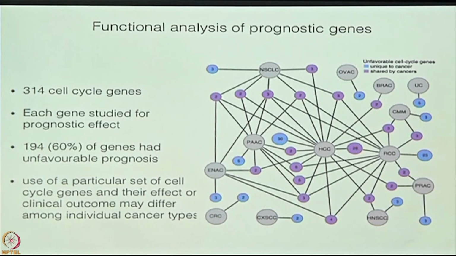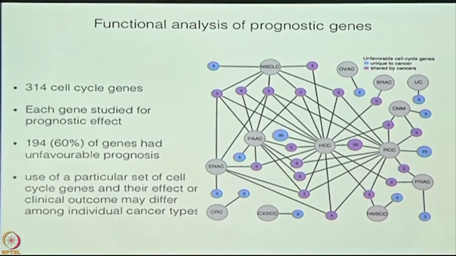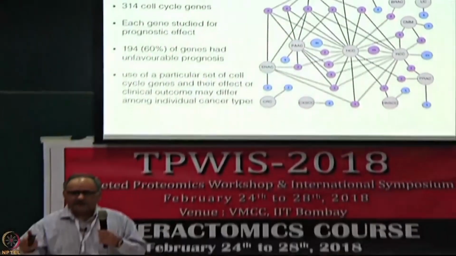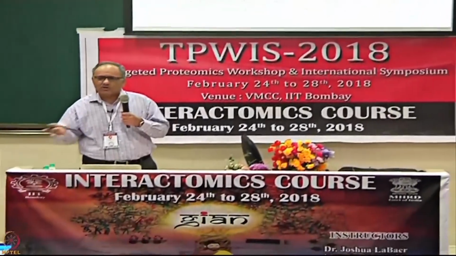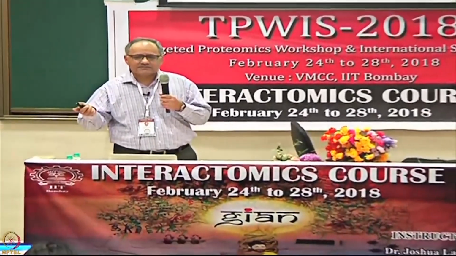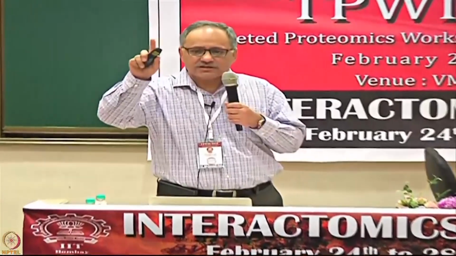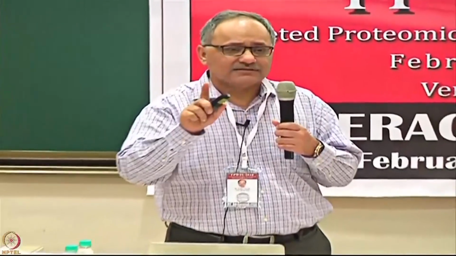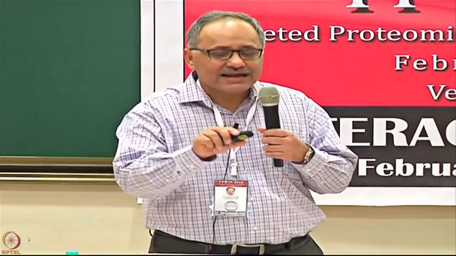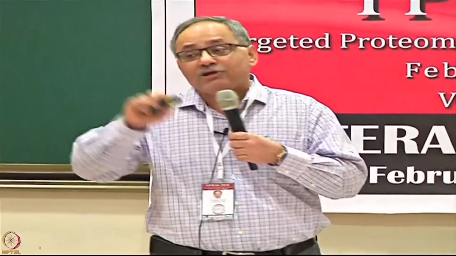For mitotic index, you either count the mitosis on the slide or there is a marker called Ki67, MIB1, which everybody swears by, but which does not work in all cases. So that's just one prognostic gene from the cell cycle. Therefore, all cell cycle genes may not apply to all cancers.